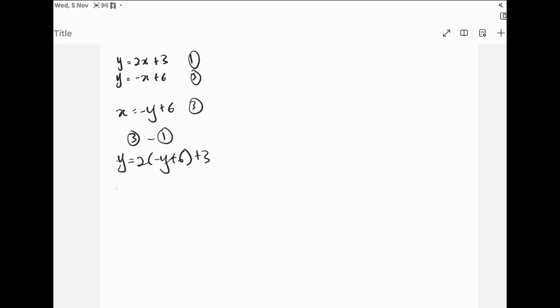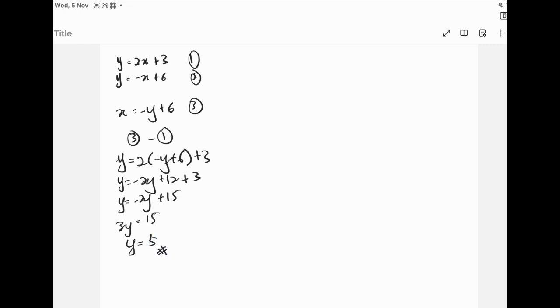And what do we get here? y equal to negative 2y plus 12 plus 3. So y equal to negative 2y plus 15. So 3y equal to 15. y equal to 5. Alright, so this is the value of y.